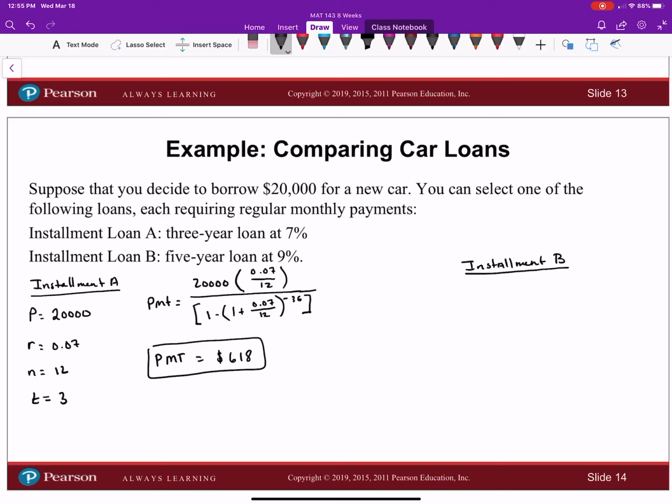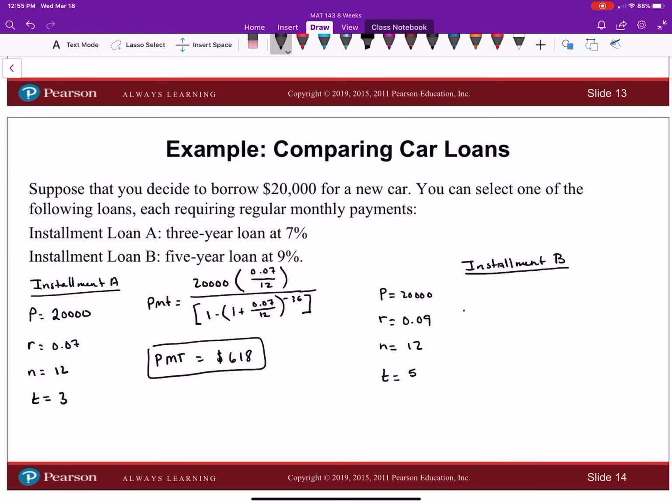What about installment B? Do the same thing. Our P stays the same. The only thing that changes is our R and our T. So we write what P is, R, N, T. It's still 20,000 for our P. Then for our R, it's going to be 0.09 because it's 9%. For our N, it's still going to be 12. And our T is going to be 5.